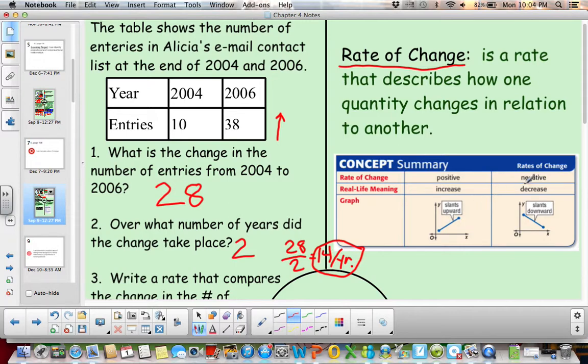If we have a negative rate of change, which we'll talk about in a second, that means it's changing in a negative direction, it's decreasing, and our line is slanting downward.